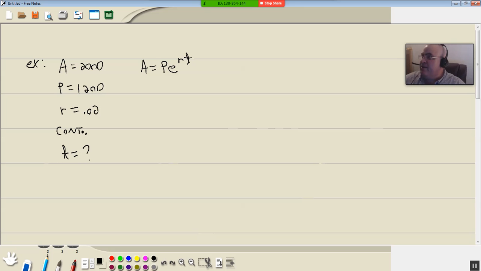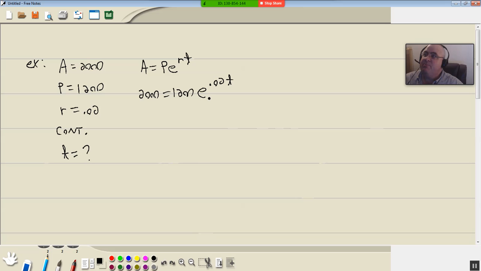Now remember, if it's compounded continuously, it's this formula here, the PERT formula. So I'll plug in my values. 2,000, P is 1,200, e to the r, which is 0.02, t power. Now we want to solve for t, and this is an exponential equation. An exponential equation means you've got a variable in the exponent.